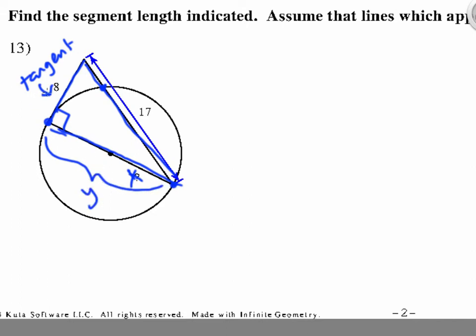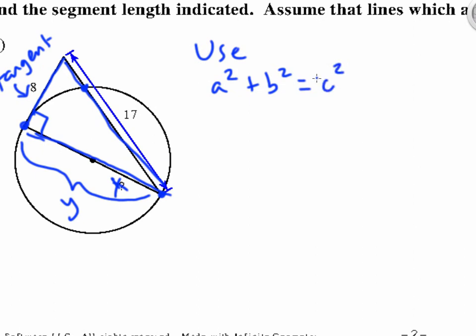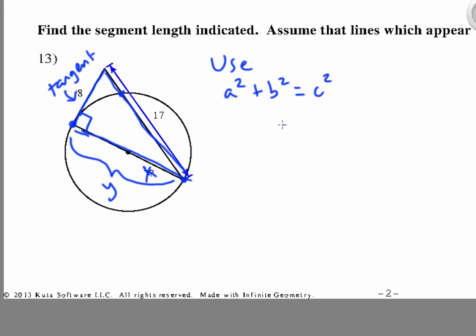Well, we'll just use the Pythagorean theorem. We'll use a squared plus b squared equals c squared. We know this is true because we can assume it's tangent. We're not checking, we know it's tangent. So a squared, that's 8, plus b squared, the whole thing is y, not x, equals c squared, and that tells us it's 17.